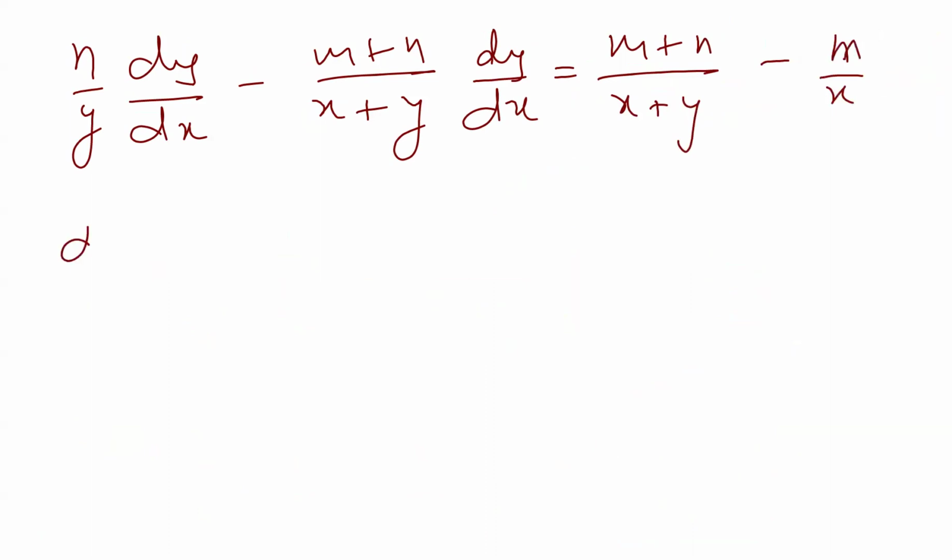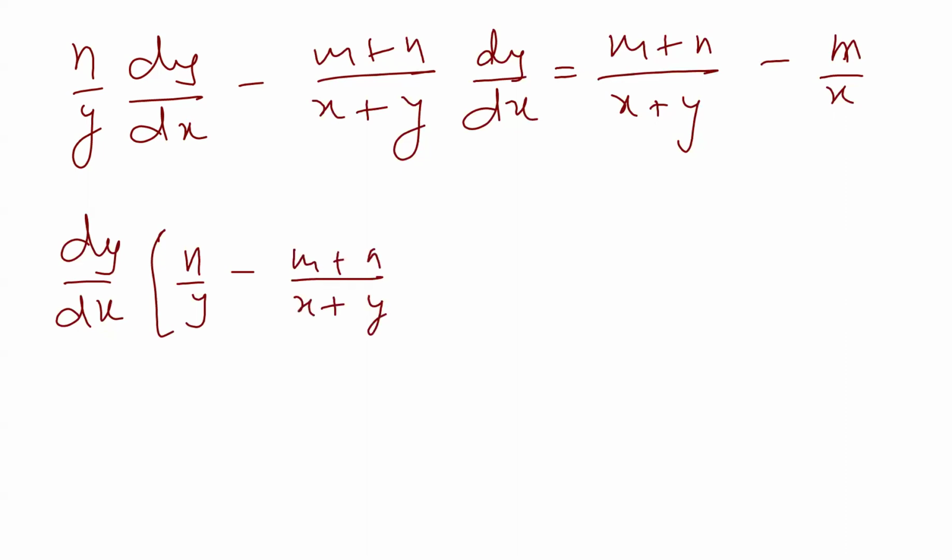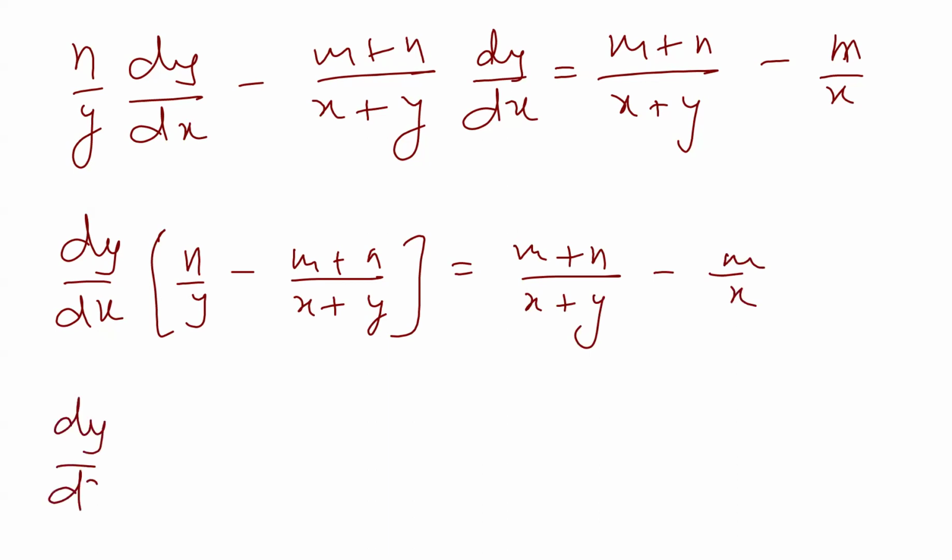Take dy by dx common. n upon y minus m plus n upon x plus y. m plus n upon x plus y minus m upon x. So dy by dx, take LCM.